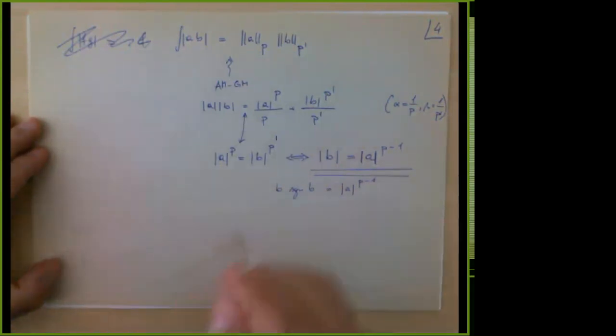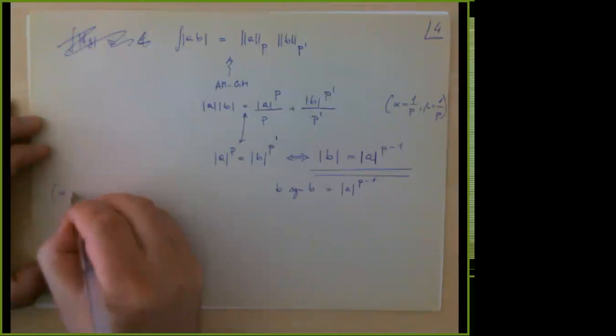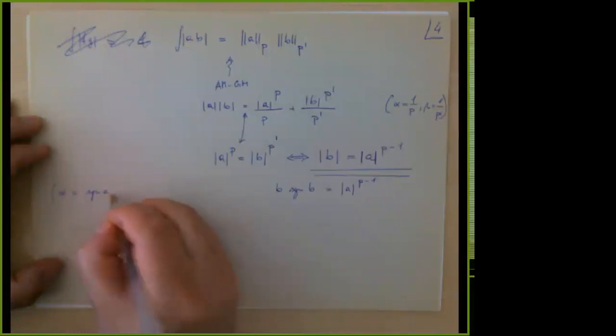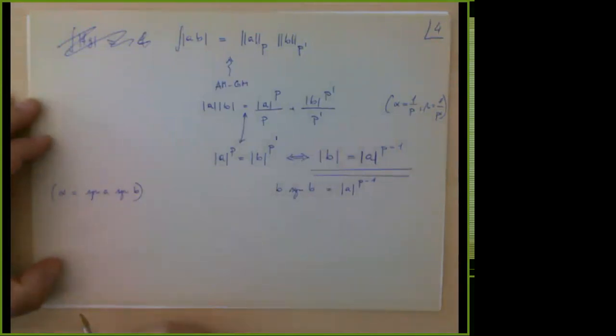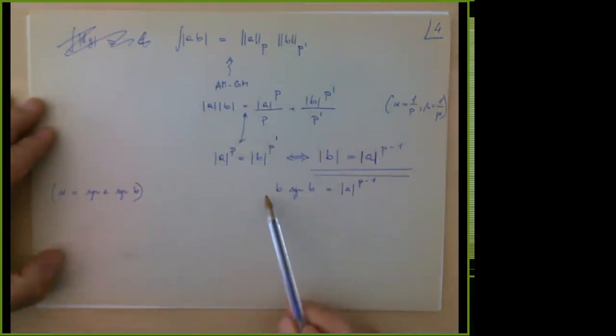And remember that we had that alpha is sine of A sine of B. We said that it is a constant. So we would like to bring it into play. A possibility is to multiply both sides by sine of A, right?